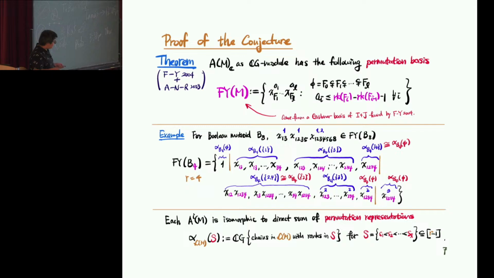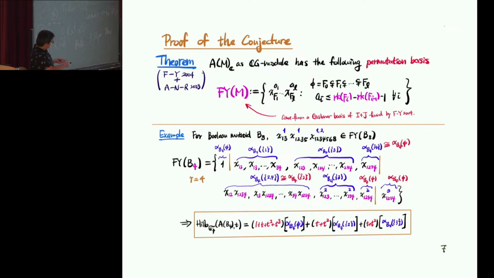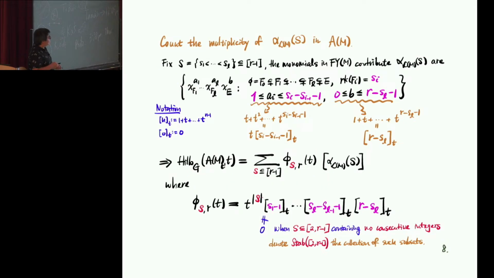So what we need to know is, okay, we know there are always the direct sum of these permutation representations. So what are their multiplicities?